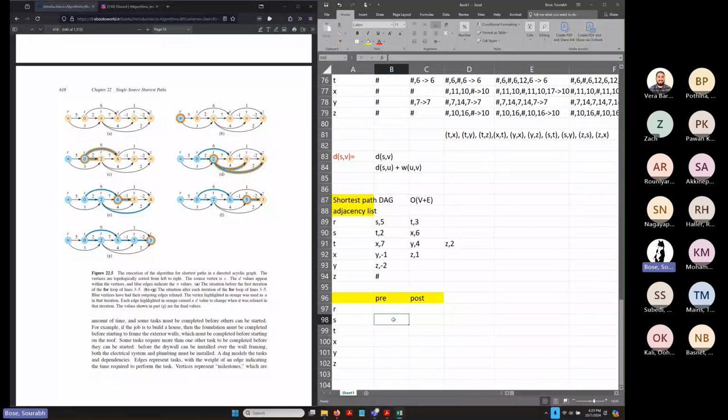So we start from S. S is 1. Then we go to either T or X. Well, let's go to T. T is 2. Let's also always just use the adjacency list.